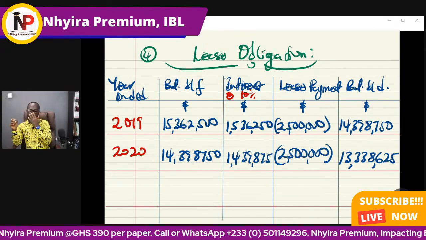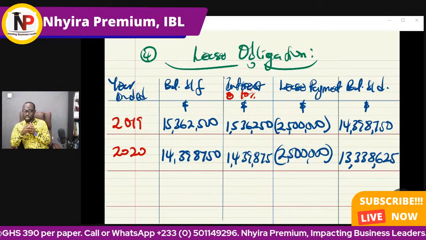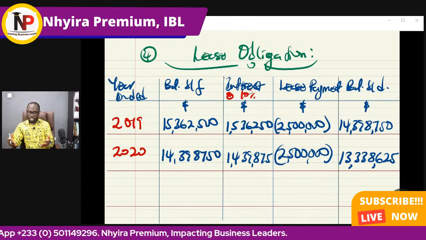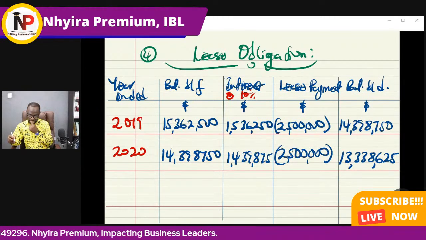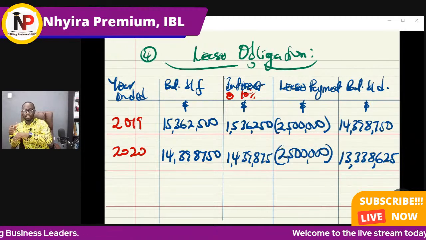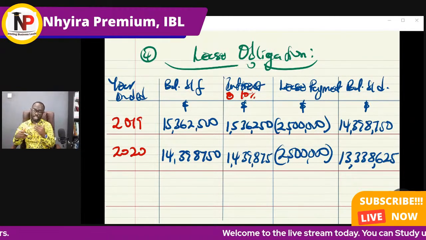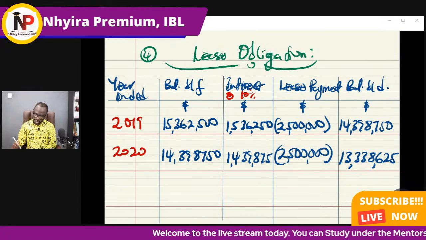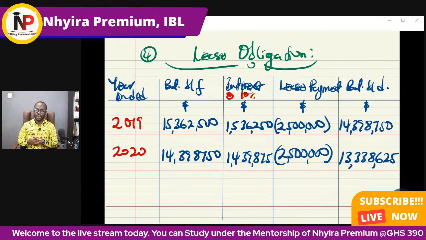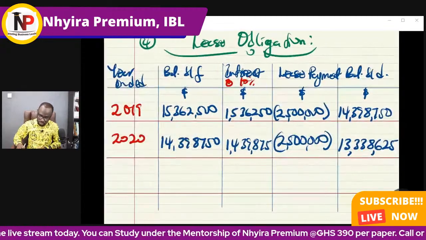So assuming we are preparing the financial statement for the year ended 2019, this 2020 figure would have become the non-current liability. Then the balancing figure between the 2019 and 2020 will become the current liability. And I'm going to deal with that.